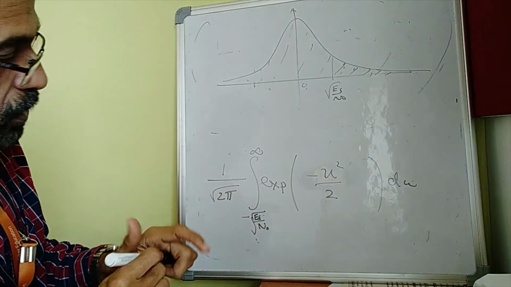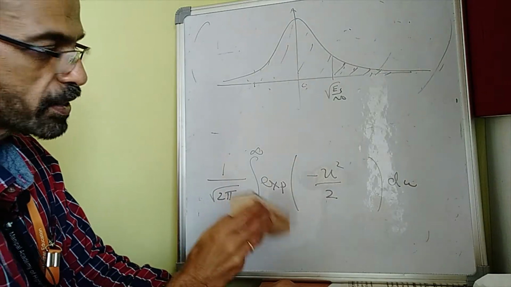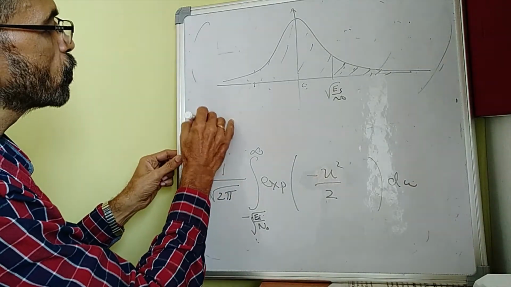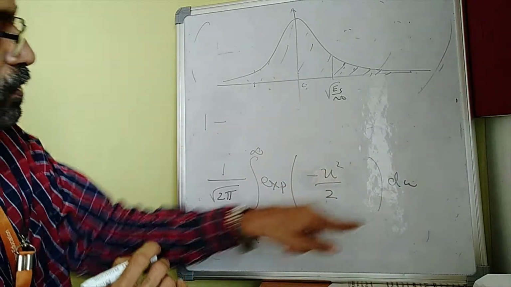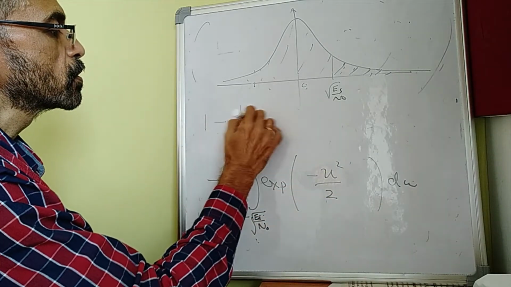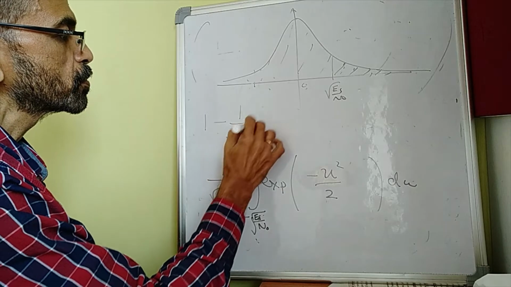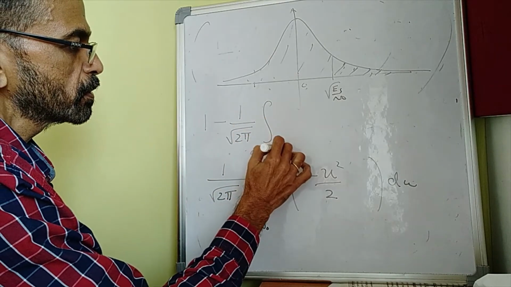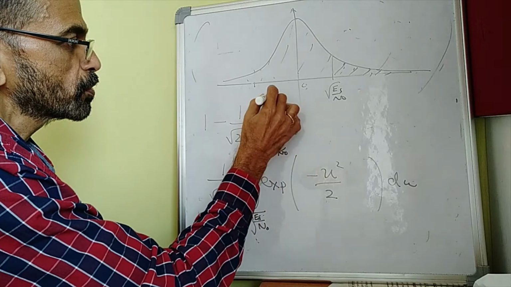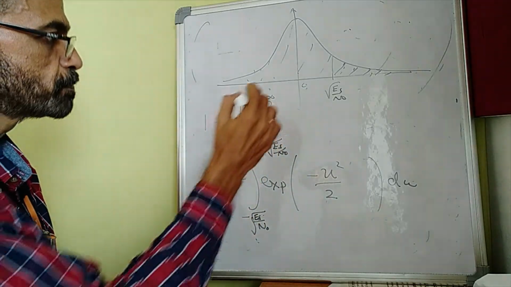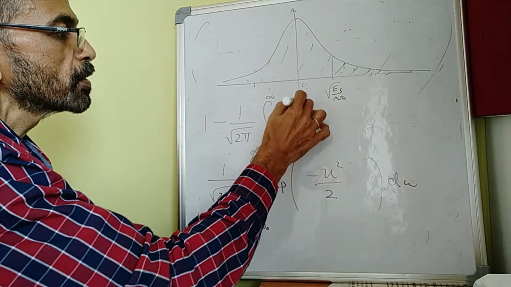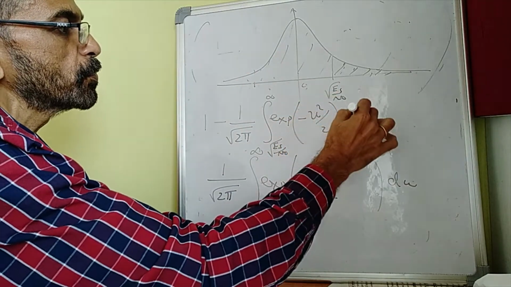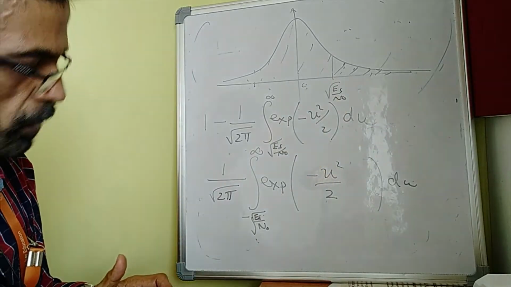So we can write this as equal to 1 minus 1 by root 2 pi integral from root Es by N naught to infinity e power minus u square by 2 du.